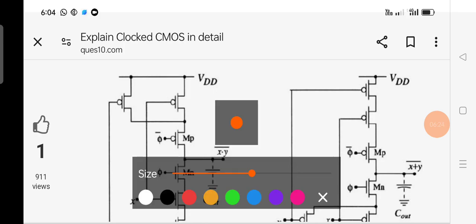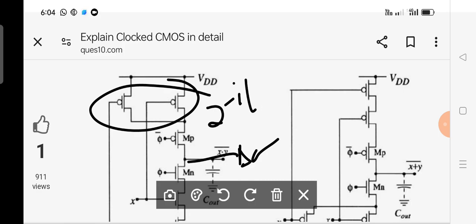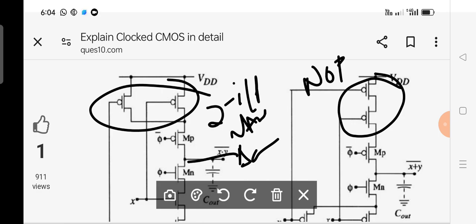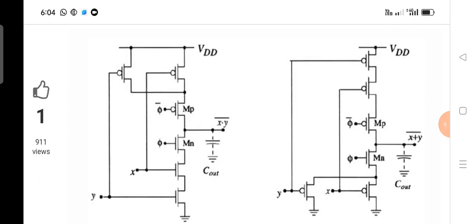You can observe very clearly from this, two inputs are there. PMOS are connected in parallel. Then clearly I can tell there is no inverter here, so I can tell it is a two-input NAND gate without looking at the NMOS. Is it clear? Here you can observe that two inputs are there, two PMOSs are there and they are connected in series. Therefore, I can tell this is what? NOR gate. Is it clear? Now you can look at the entire circuitry in this fashion. Is it understood? This is regarding clocked CMOS.